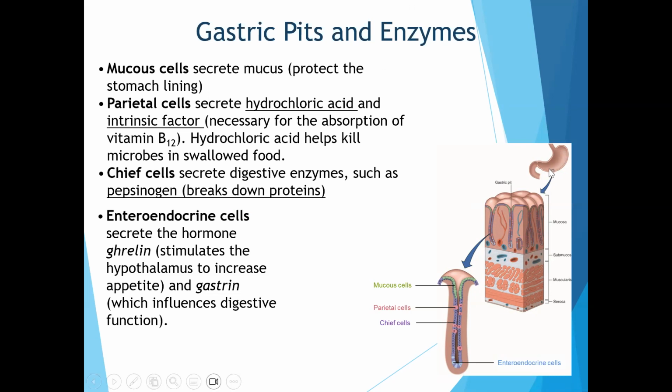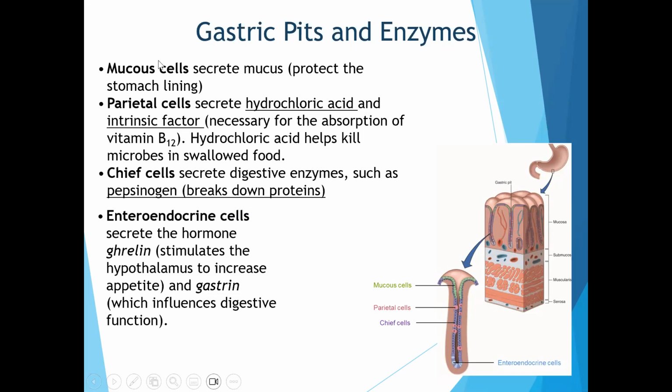If you look at our little box here, this is the bottom lining of the stomach, and this is a zoomed in version. So you have mucus cells, and then there are enteroendocrine cells, which are going to secrete hormones. But these gastric pits are going to have gastric glands that line them so that they can get the contents that they need.